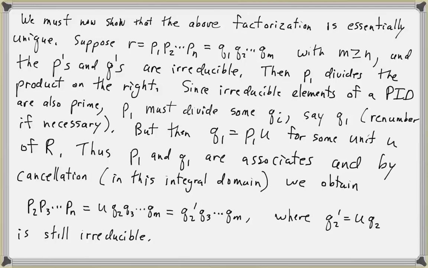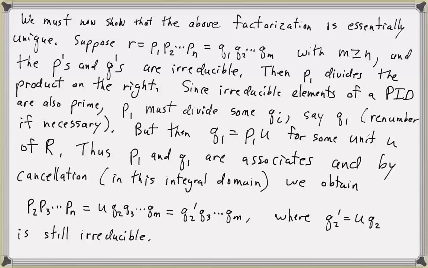So now we have this product P2 up to Pn equal to Q2 prime up to Qm, and we can continue this process of canceling each factor on the left-hand side. All the p's would cancel in the same fashion because they're prime elements. They divide the product on the right, so they must divide one of the q's, and so we could cancel.